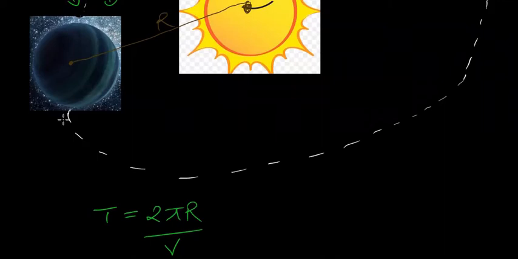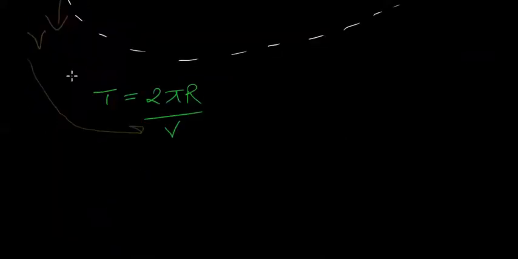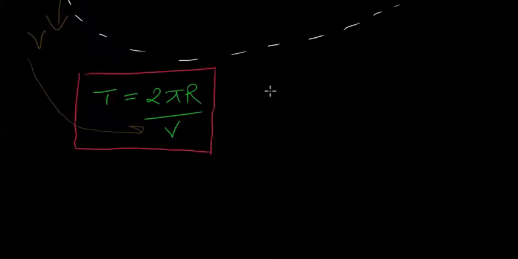If it's revolving around the sun in the anti-clockwise direction, its velocity v is the tangential velocity. So its time period formula will be given by 2 pi r by v. This is the first equation.